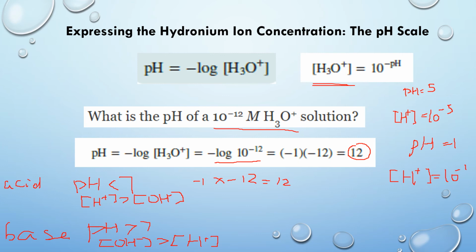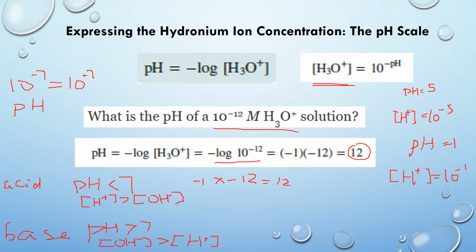So why 7? Remember, at equilibrium, the proton concentration is equal to 10 to the negative 7, which is equal to the hydroxide concentration, also 10 to the negative 7. Based on the definition of pH, that's a pH equal to 7.